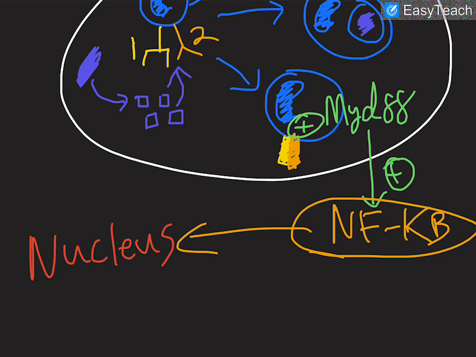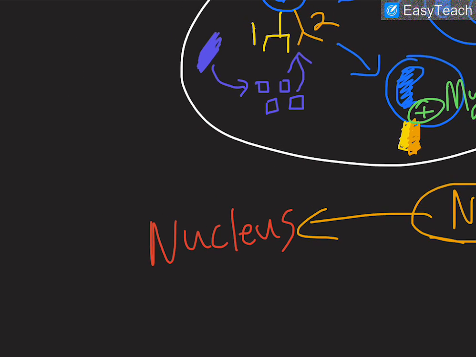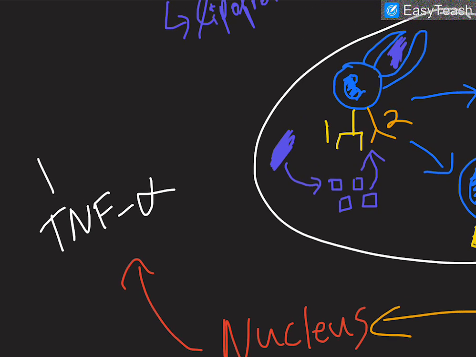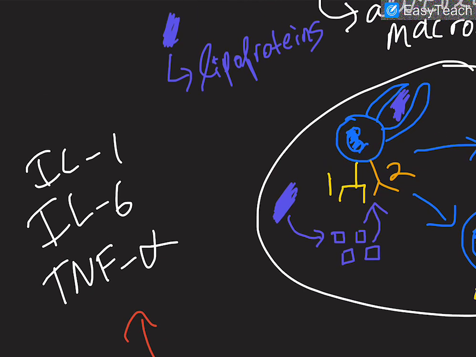So transcription and translation. What will that lead to? That's going to lead to certain molecules being produced. That'll lead to the macrophage producing certain cytokines, like tumor necrosis factor alpha, TNF alpha, interleukin 6, interleukin 1, a bunch of these cytokines, interleukin 12.